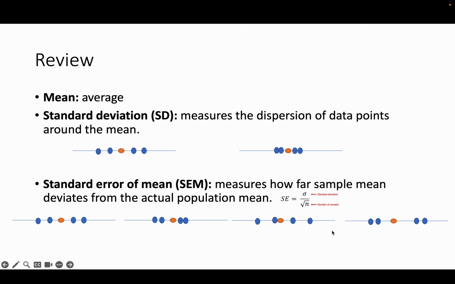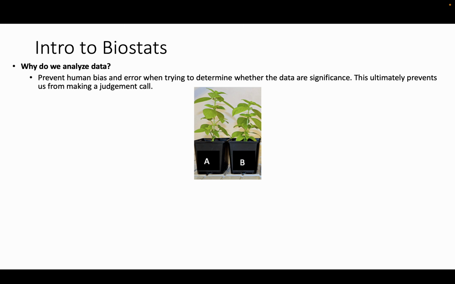The average of all these means right here, that is going to be your actual population mean. So the standard error of mean measures how far the sample mean, which is the one you get each time you do the data collection, is compared to the actual population mean. So that is what was calculated in Excel.